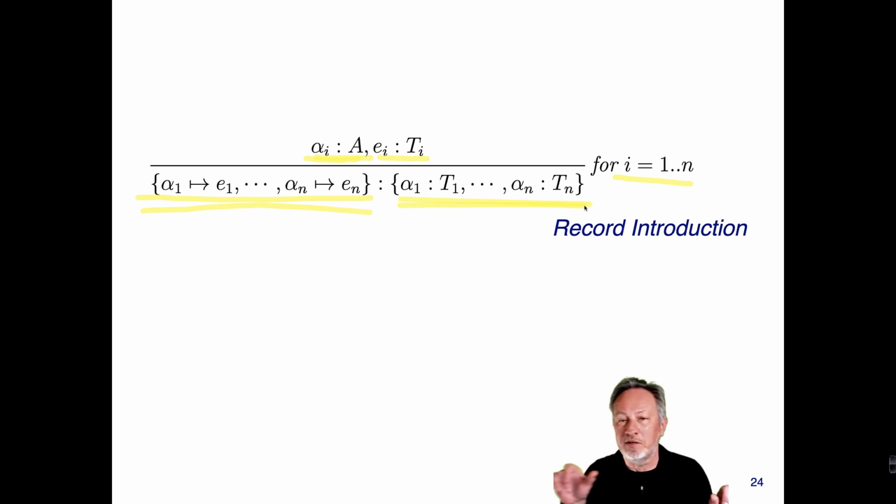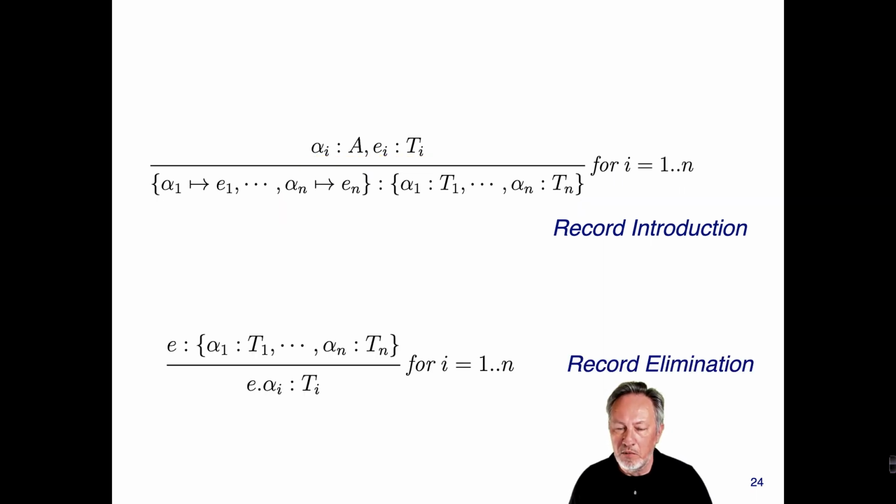The expressions and the types have similar but different syntax. So here, instead of arrows, I have colons, and instead of expressions, I have types. So that would mean that name, arrow, some string is going to be name, colon, the type string, and so on. So it just says what's the type of a record.